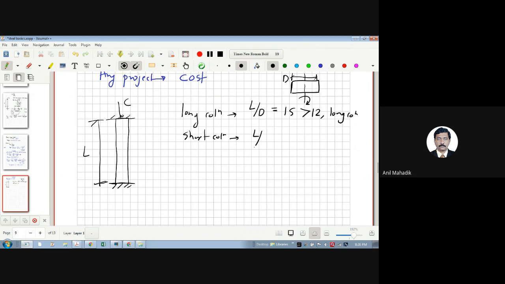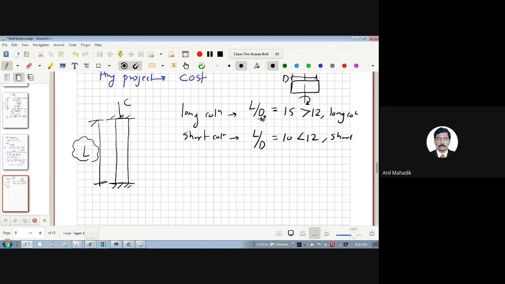So you can understand it is related with this dimension. And you know that when the depth increases, moment of inertia increases and R minimum also increases. So they are not taking R values in general in RCC design, but the conceptual part is same. It depends on L because slenderness ratio is important, and this D, L by D.